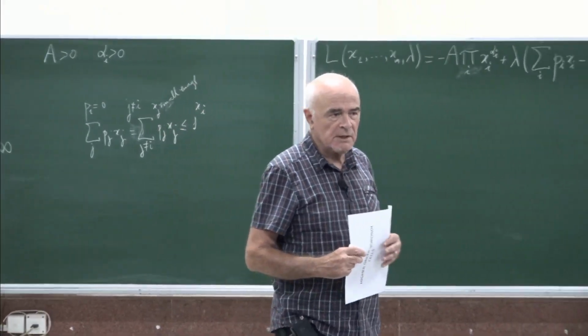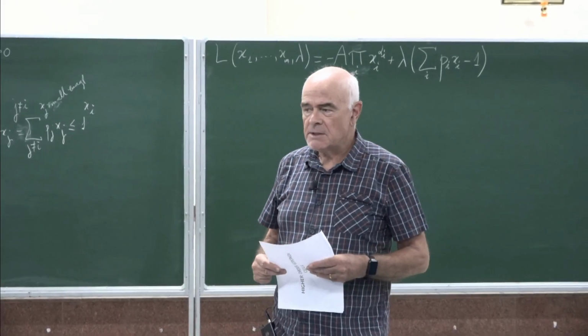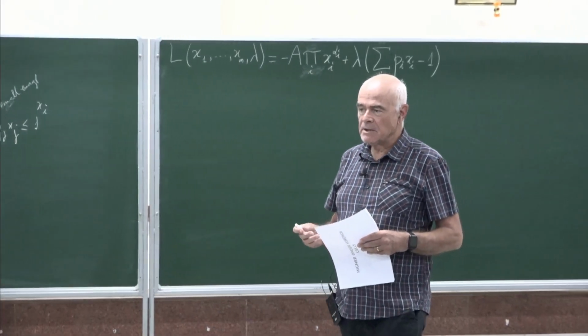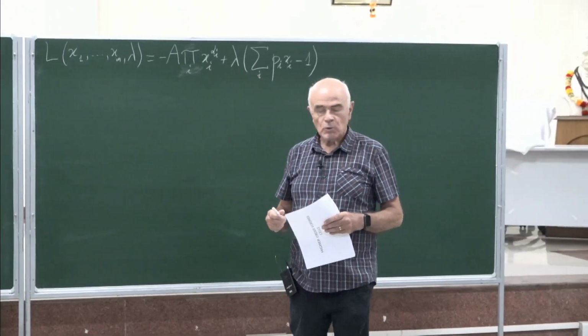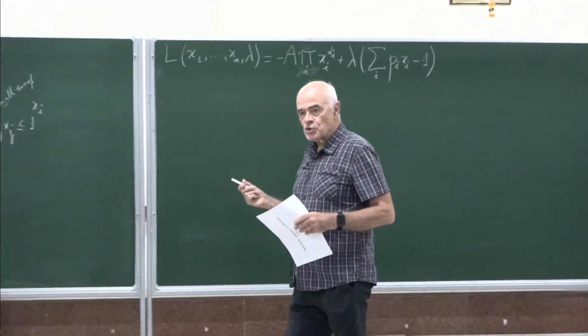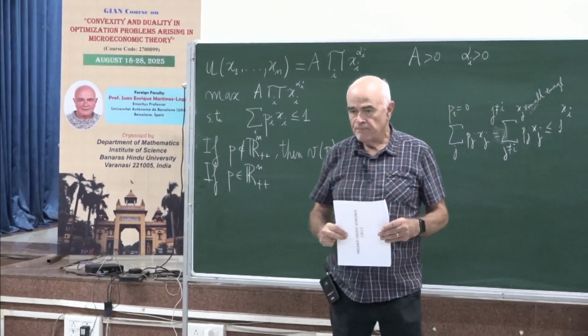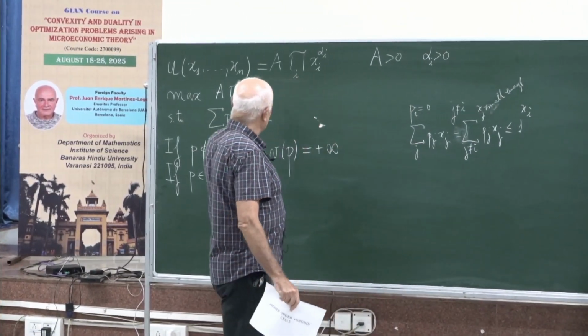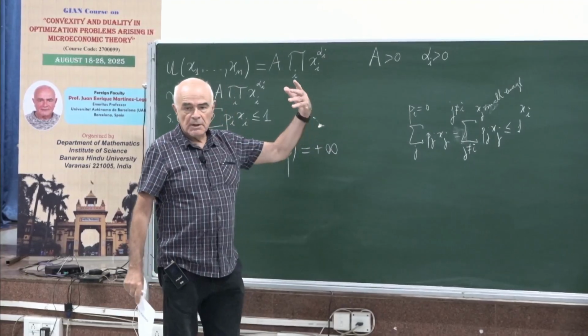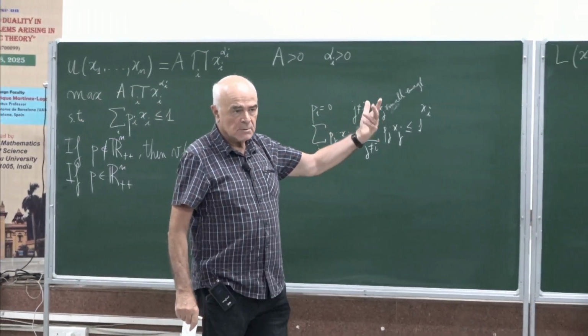Here it is not the Slater, but the linear independence constraint qualification, which in the case of just one constraint means that the gradient does not vanish. And of course, the gradient of this function never vanishes in the positive orthant.